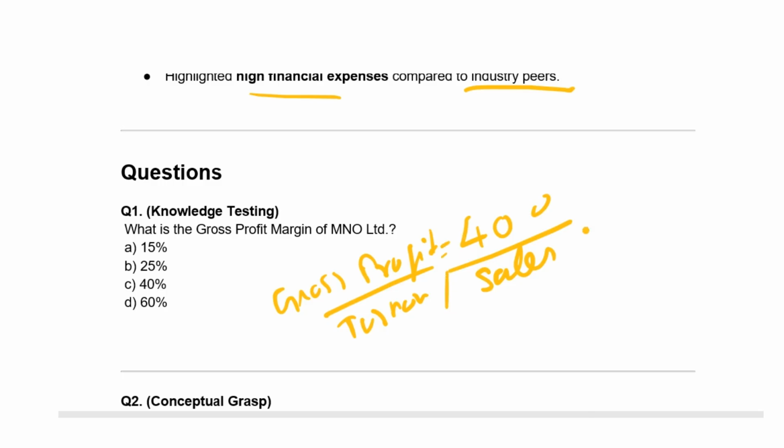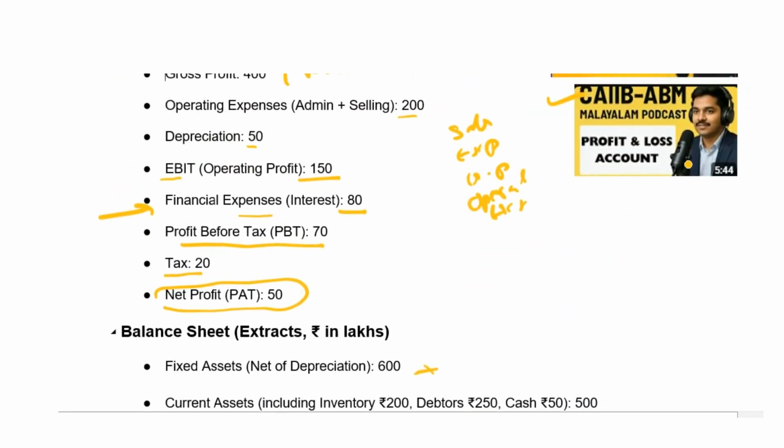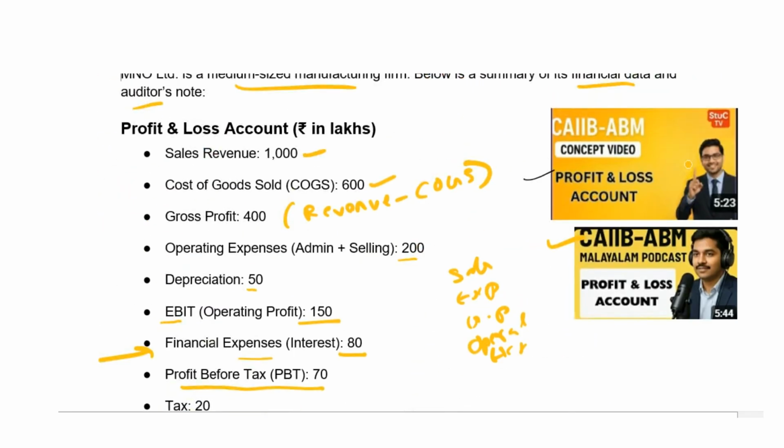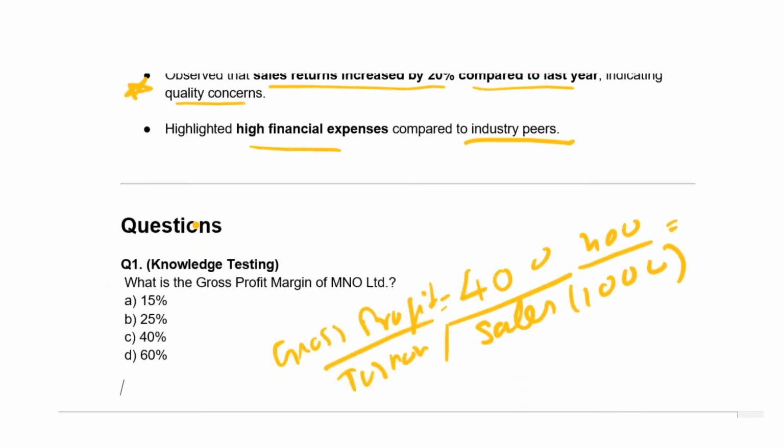So they have made sales of 1000 and they have made a profit of 400. So their margin is 40%. So if they have got 1000 rupees in revenue, they are able to generate 400 rupees gross profit. That means almost 40%. So the answer would be C.